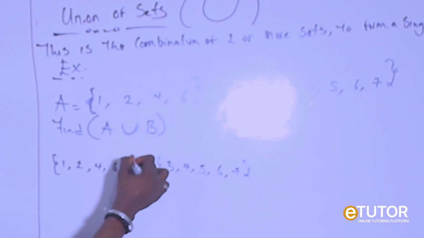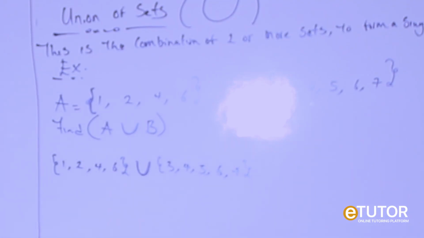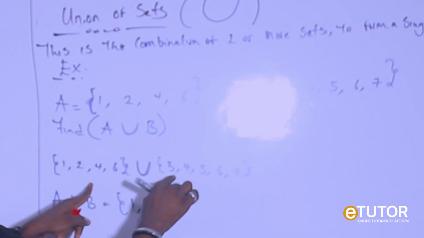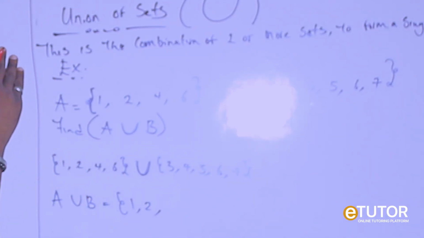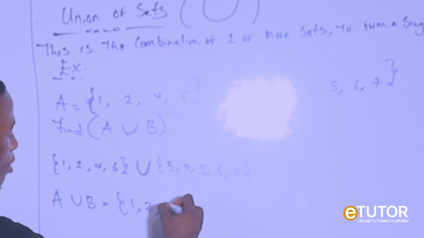So we have to combine these two sets to form another set, but without repeating an element more than once. So my A union B is now equal to, the first element here is 1, so we have 1, we have 2, and we have 3, writing in ascending order.